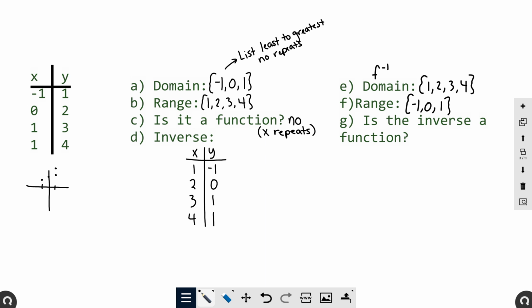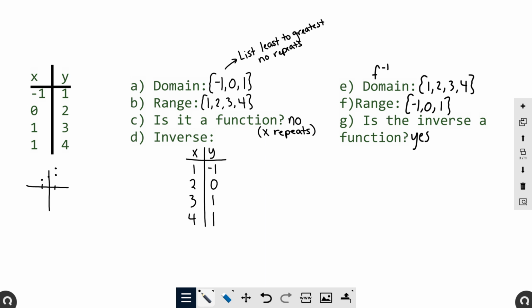So list out the x values from least to greatest, no repeats. Y values, least to greatest, no repeats. Is the inverse a function? Yes. Why is it yes? The x's don't repeat. All the x's are different.